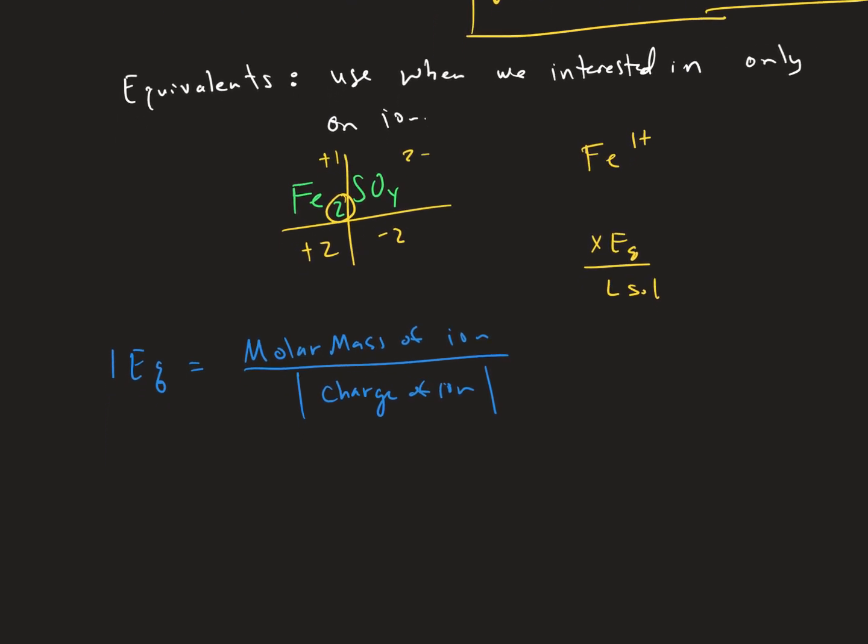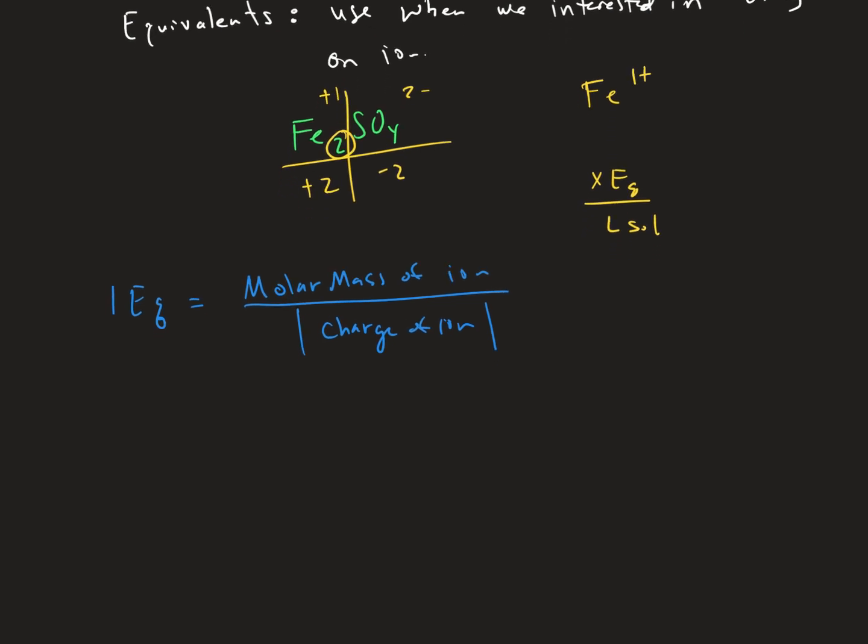We good? So let's determine the equivalent for iron 1+. So 1 equivalent of iron 1+ equals, what's the molar mass of iron? 55.85, and that's grams per mole, right? And we're going to divide by what? 1.